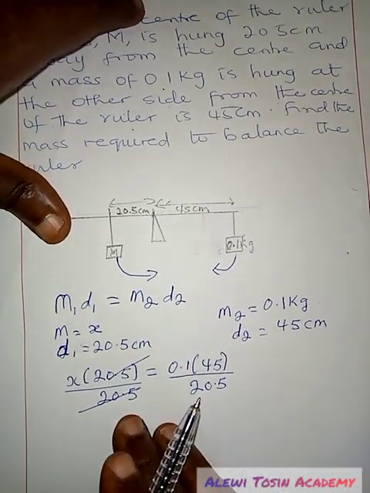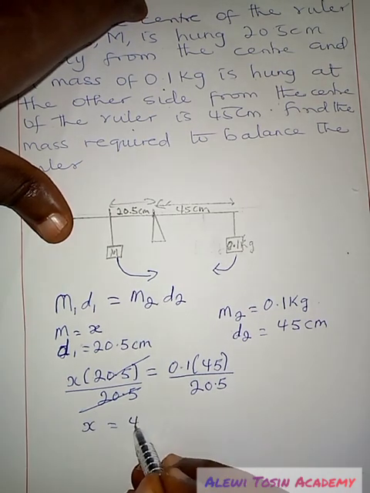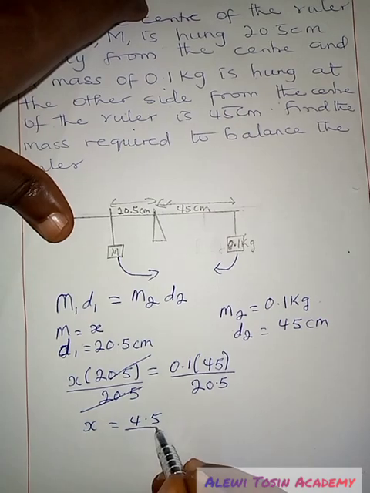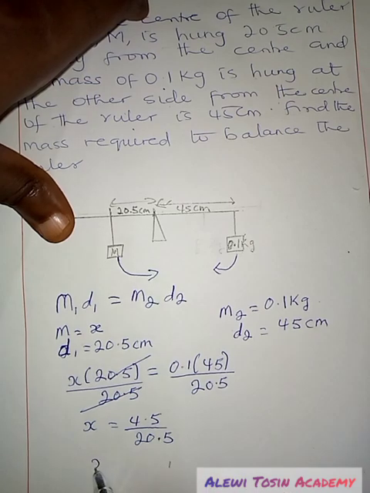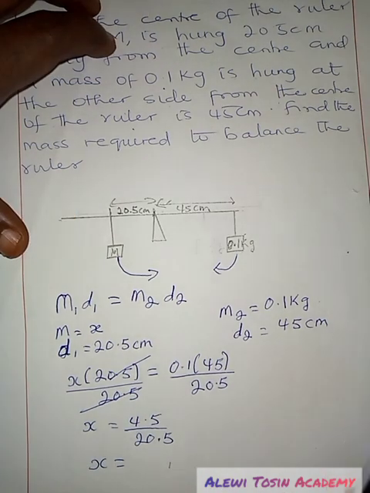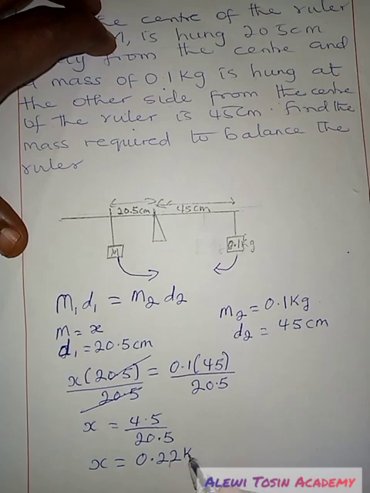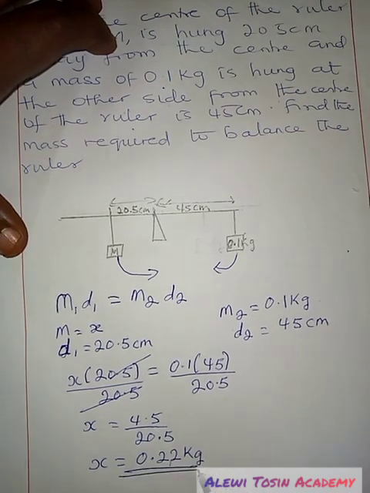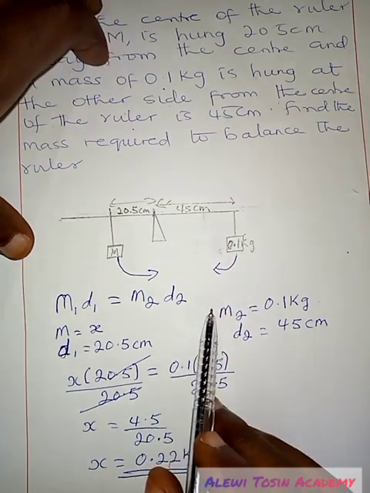Our X will be equal to 4.5 divided by 20.5. With that, our X will give us 0.22 kilogram. So that will be the mass on here for us to have the ruler balance.